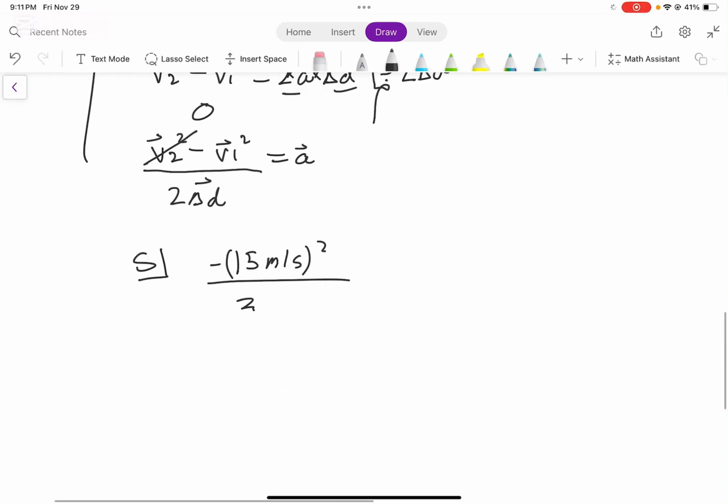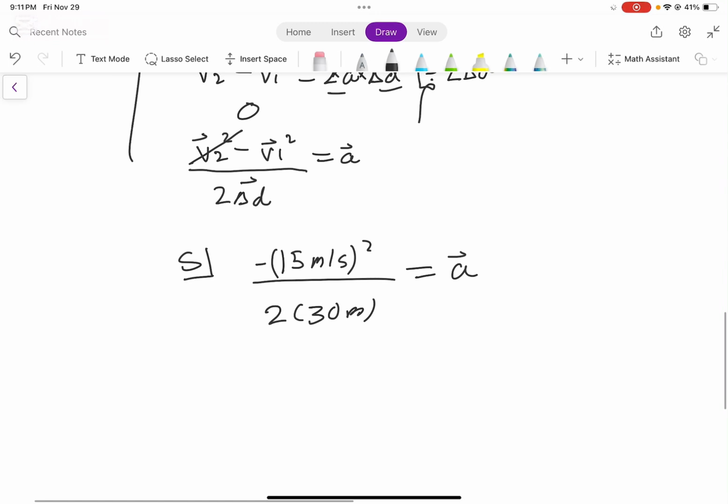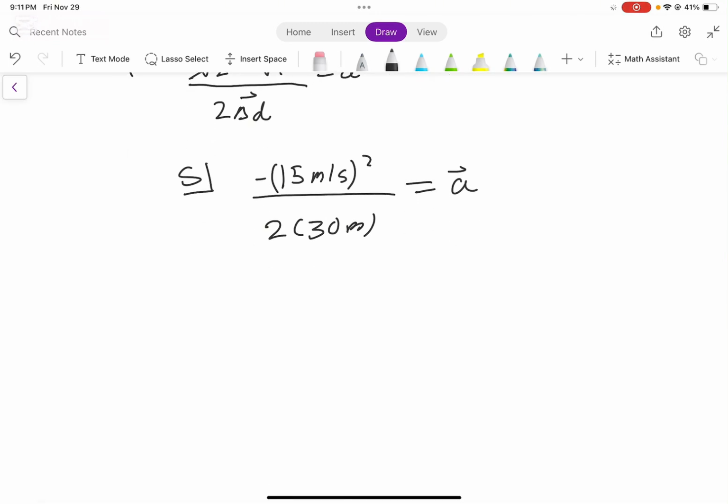Well, it's going to be 2 times 30 meters, so we can go 2 times 30 meters, and that'll give us our acceleration. So after you punch this into your calculator, you should get something around negative 3.75 meters per second squared.